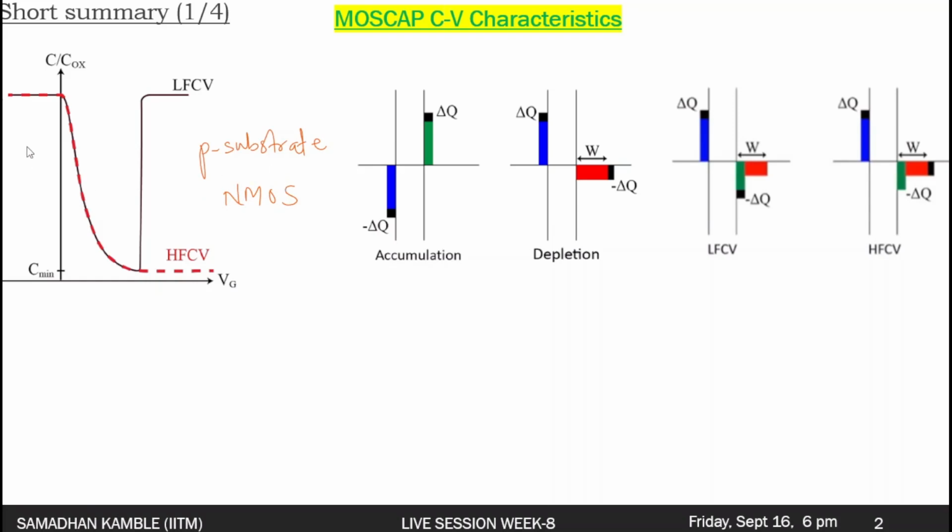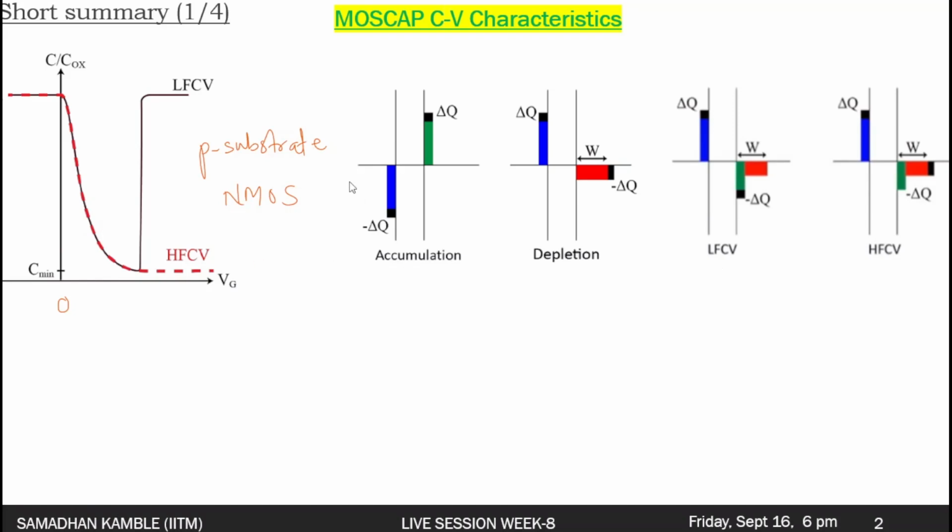So for the NMOS, as we have already studied in quite a bit of detail, when Vg is negative, the accumulation of the majority carriers occurs at the oxide interface, and the capacitance is purely the oxide capacitance.